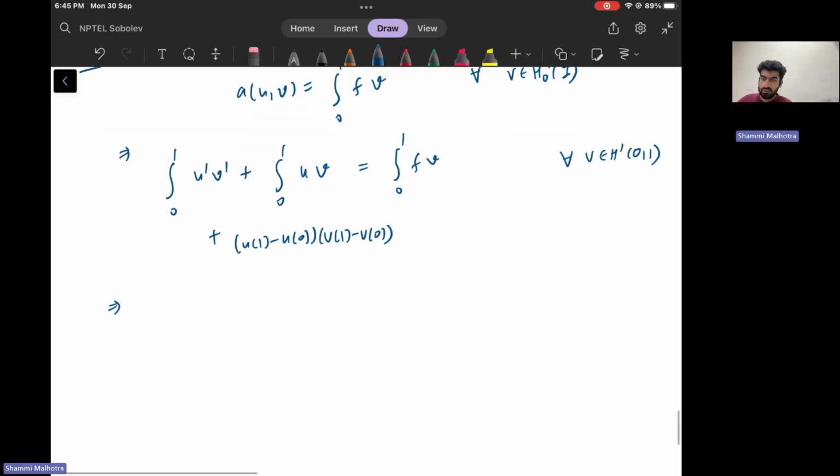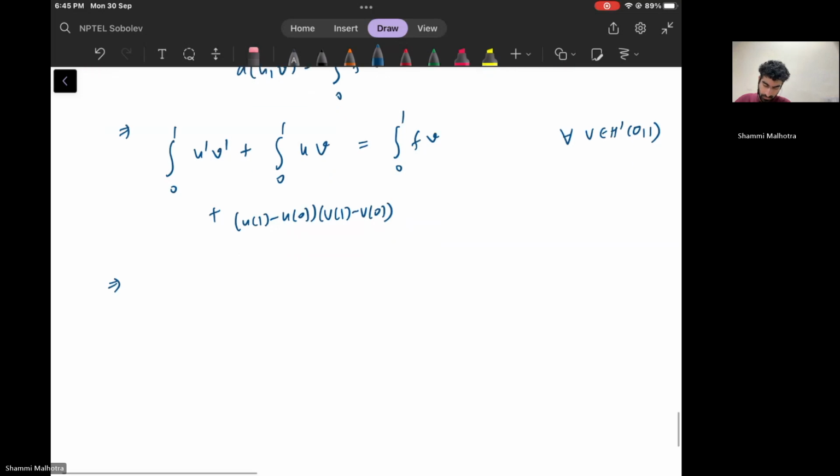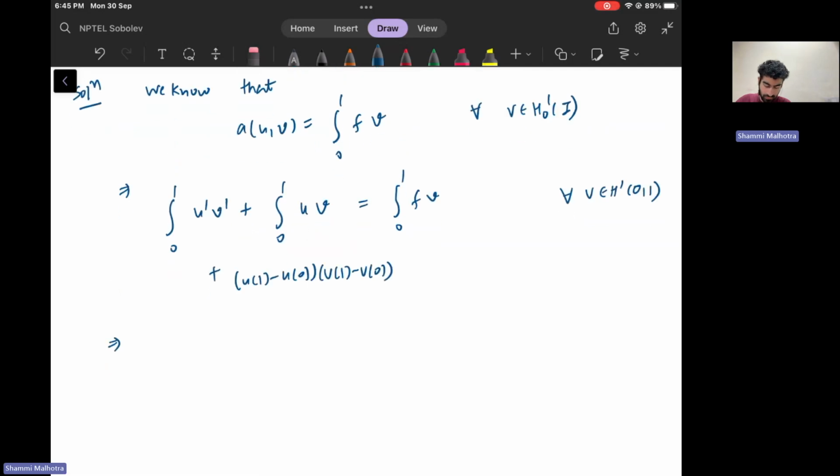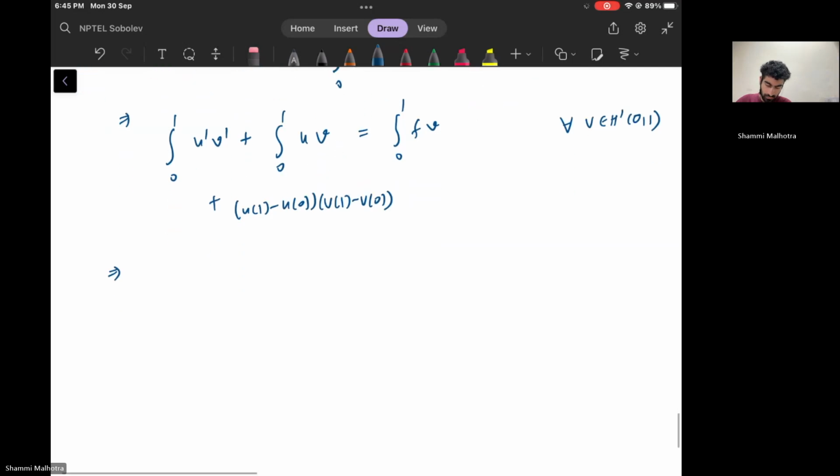And once we have this, we can use integration by parts again here.